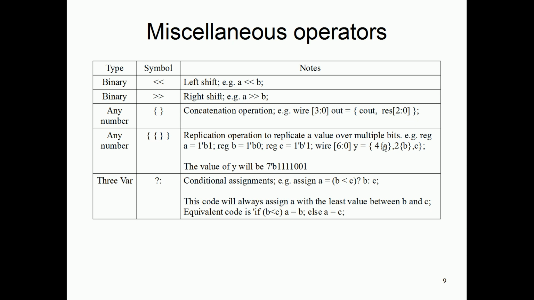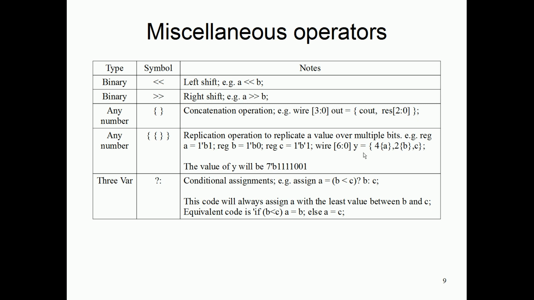A is 1 bit originally, but with 4A, this replication operation is equivalent to saying A comma A comma A comma A. So instead of typing it comma separated, we save typing by writing 4A, which replicates A into 4-bit places, and replicates B into 2-bit places.